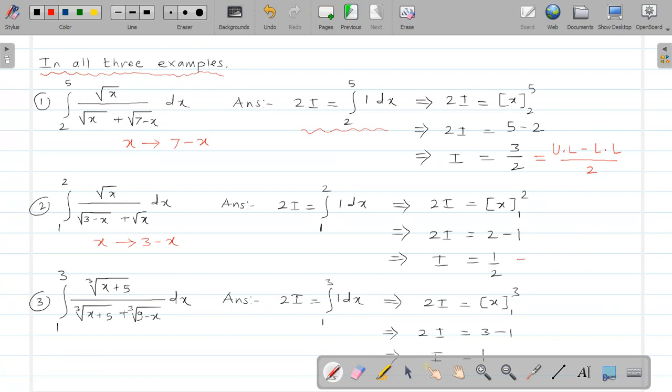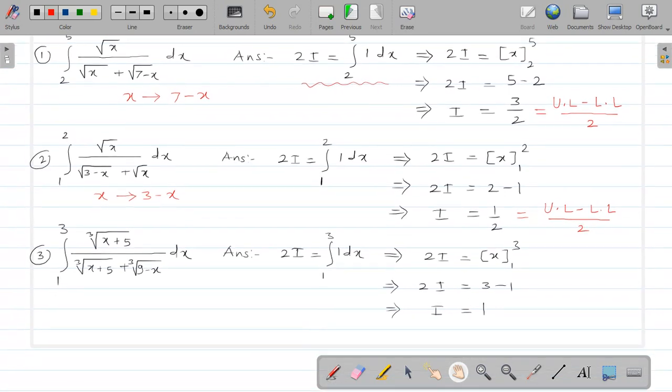Again, it is upper limit minus lower limit upon 2, so 2 minus 1 upon 2, that is 1 by 2.